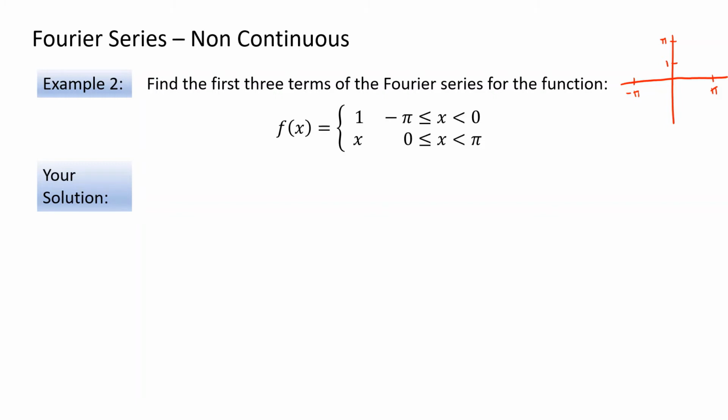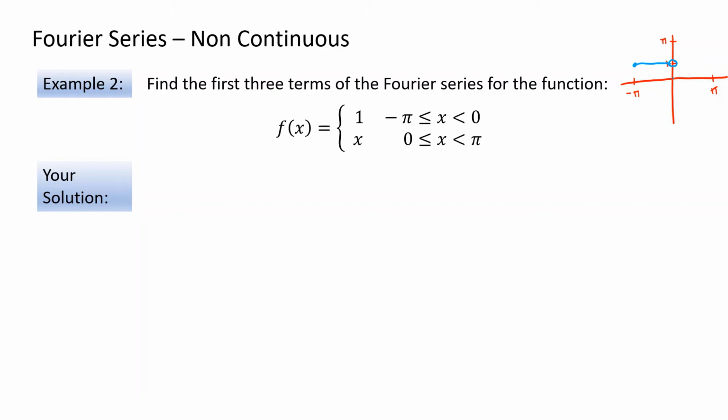So if we draw this, starting with the first piece, f of x is just 1. So that's just a horizontal line. It's valid from negative pi, and remember it's valid at negative pi, all the way to 0. Now when it gets to 0, it's no longer valid, so you have an open circle, because it's not valid for that piece. At that point, the function becomes f of x equals x.